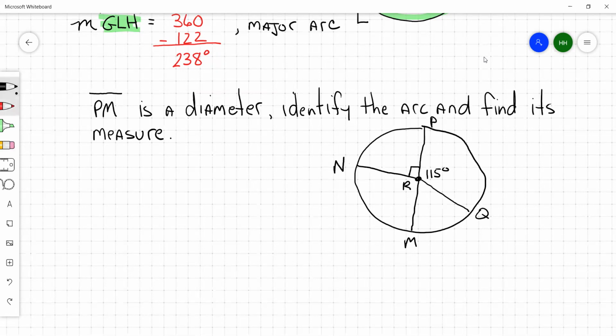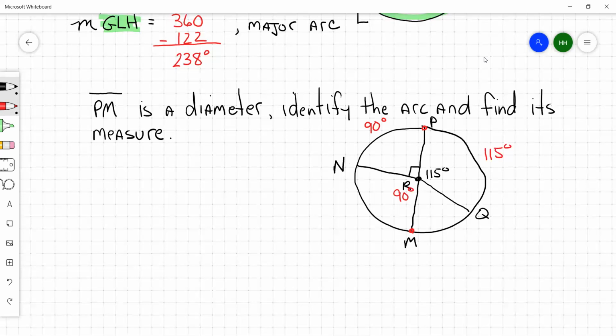All right, some of the things you can do, like I said, is you can start filling in all this information. If this angle PRQ is 115, then arc PQ is also 115. If this central angle PRN is 90, then its corresponding arc is also 90. My drawing isn't very good, but if P to M is a diameter, and one of these angles is 90, isn't the other angle 90?